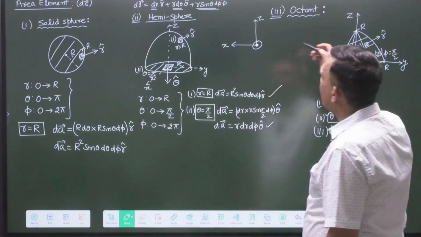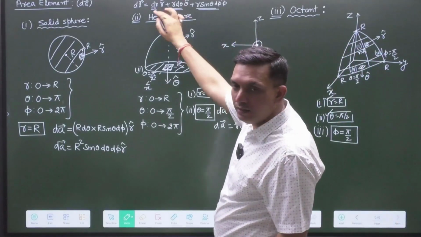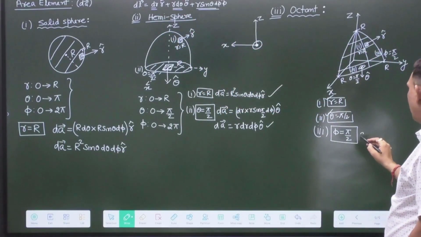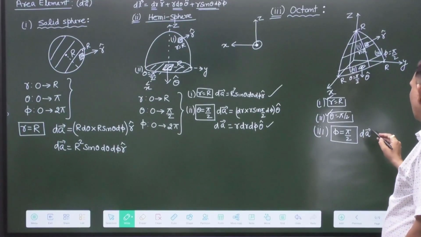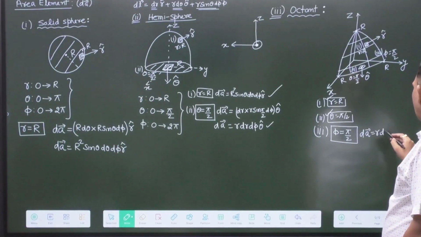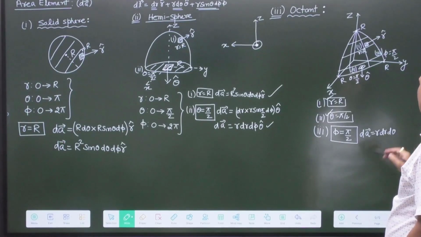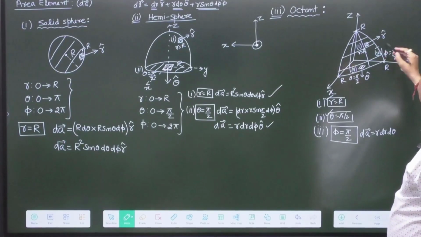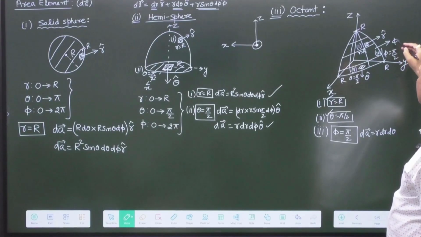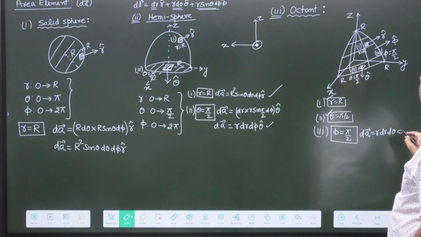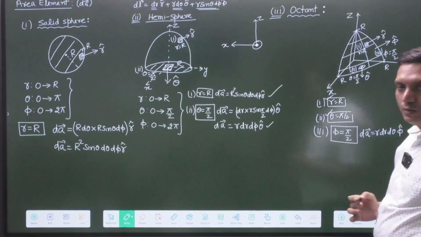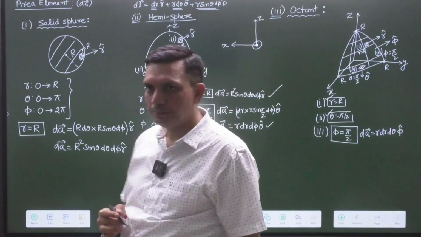And when phi is fixed, the variables are r and theta. So you have to multiply these two sides. dA is r dr d theta. And this direction is away from the surface, so that direction is phi cap.